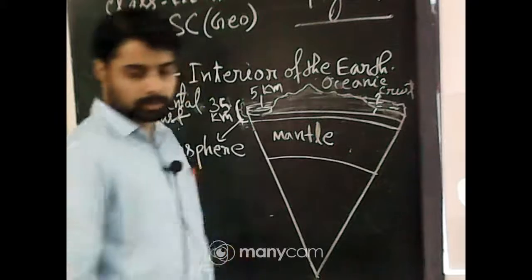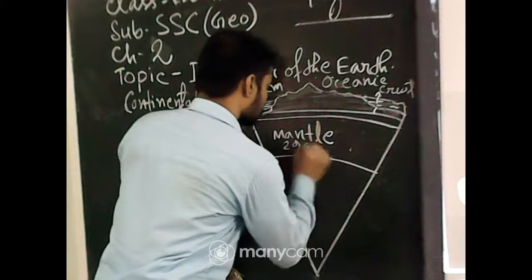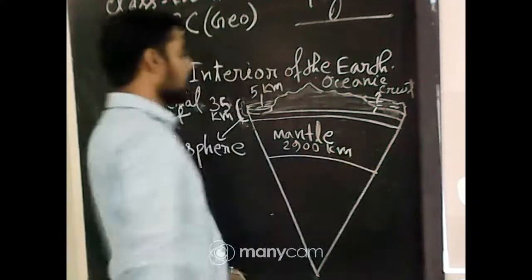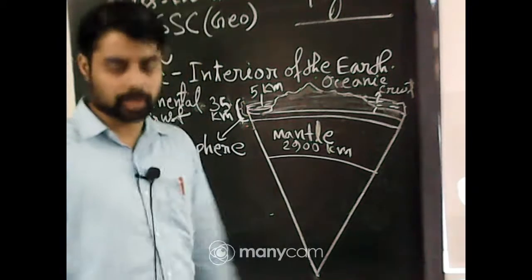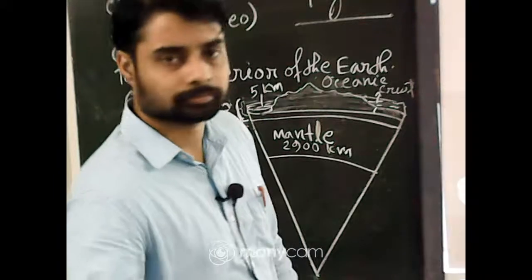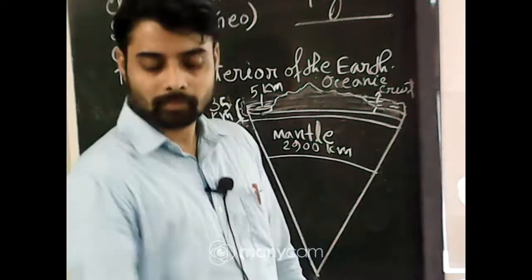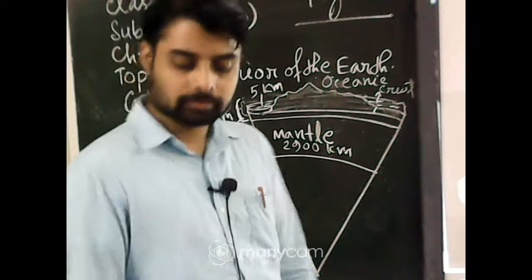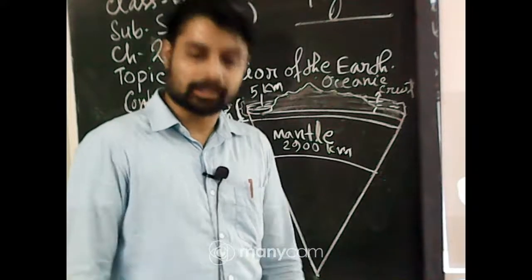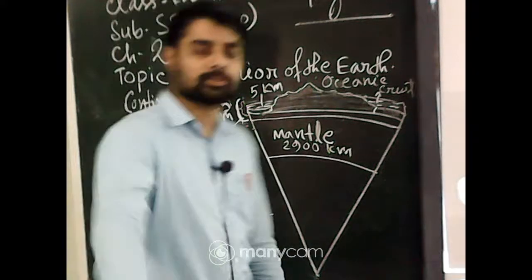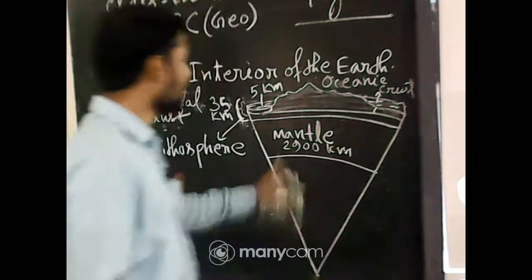The depth of the mantle is almost 2,900 kilometers, and there are a lot of materials present in the mantle: silica, magnesium oxide, aluminum, iron, calcium, some sodium, potassium, and olivine and pyroxene. Olivine and pyroxene are other types of compounds. These are also present in the mantle.